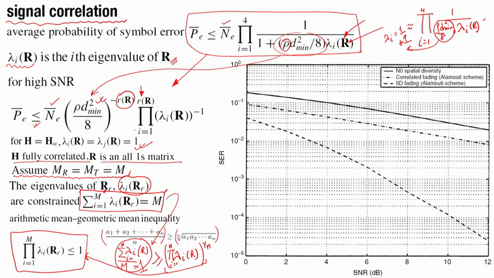So we have that term here, which is 1 upon the product of lambda I of R, I equals 1 to rank of R. What it means is that this denominator term, because there is this inverse over here, is less than or equal to 1, sorry, we wrote it wrong.